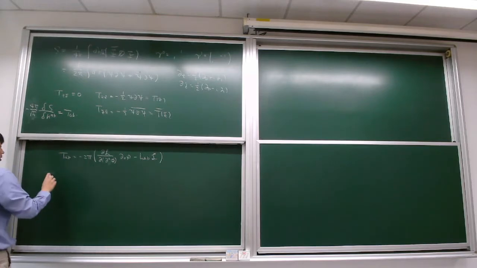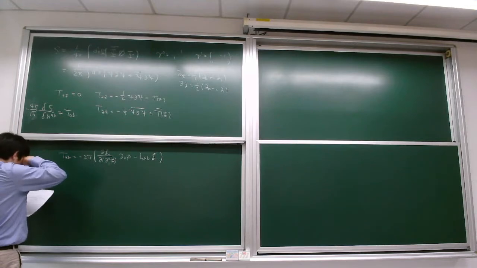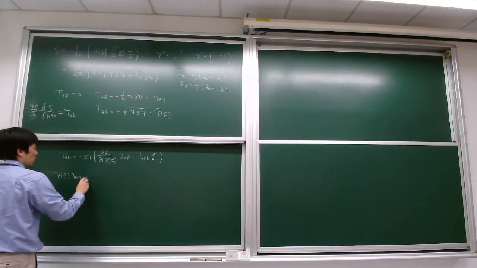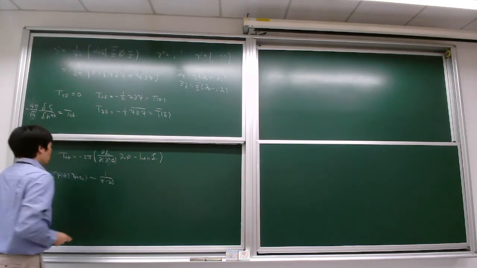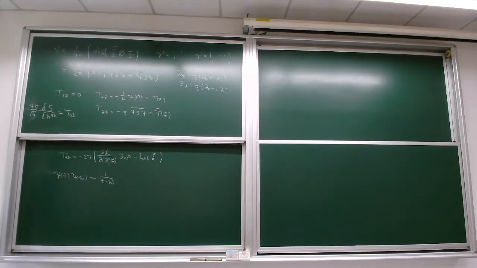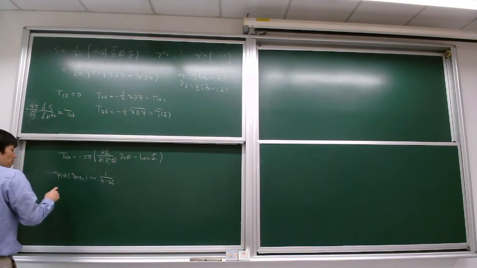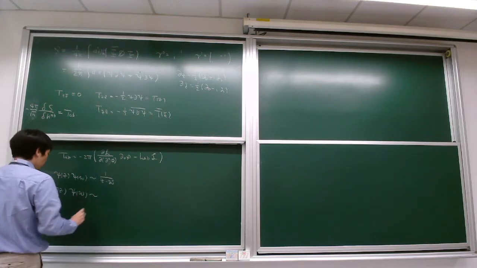And then from the equation of motion, it's easy to derive psi(z) psi(w) is equal to 1 over z minus w. This is okay. This is from the equation of motion, it's easy to derive. So I just asked you to derive this OPE.